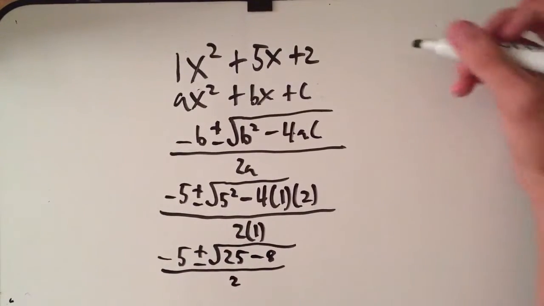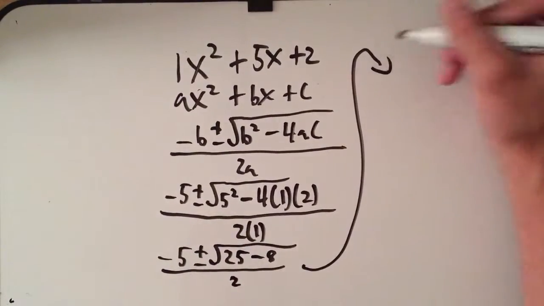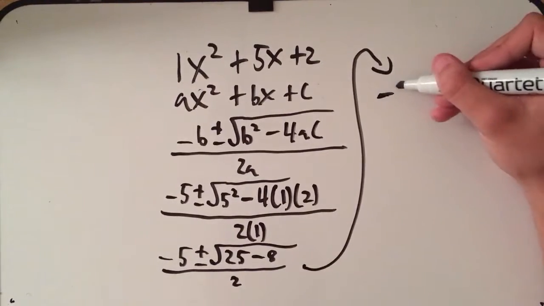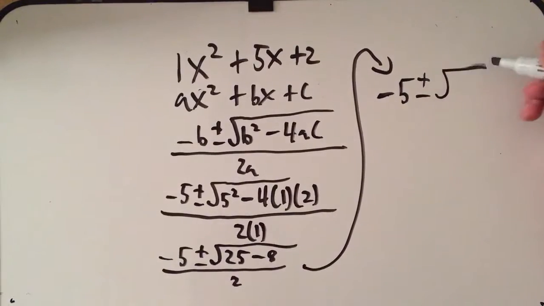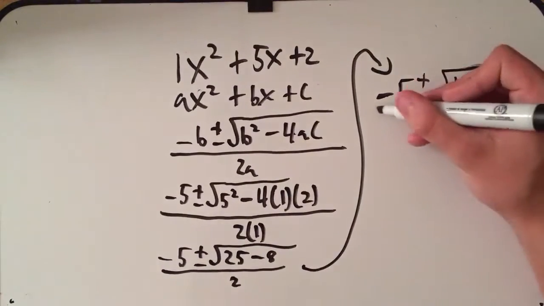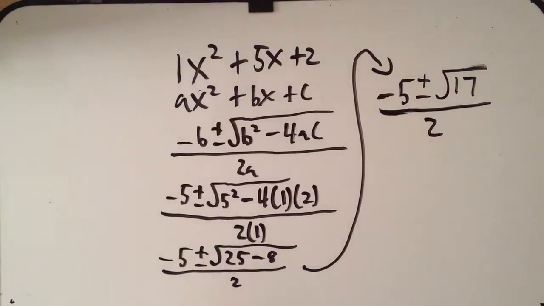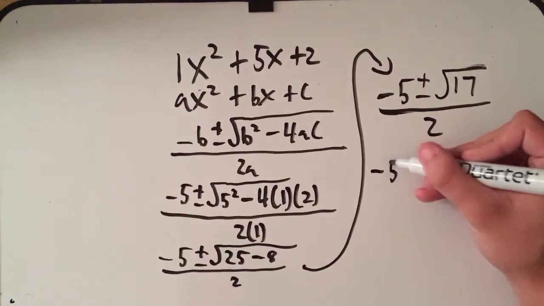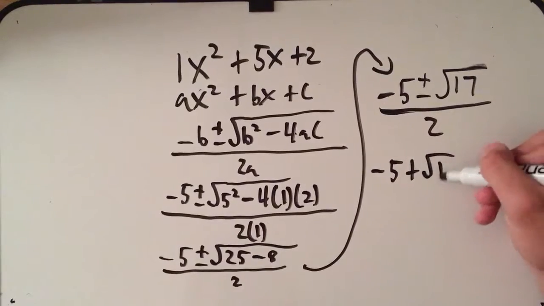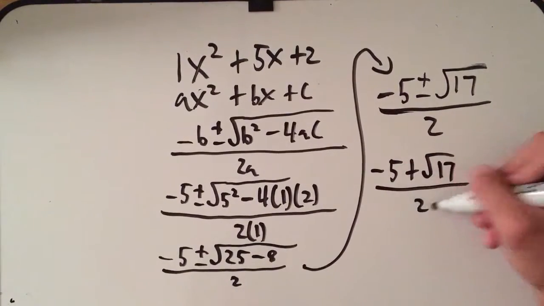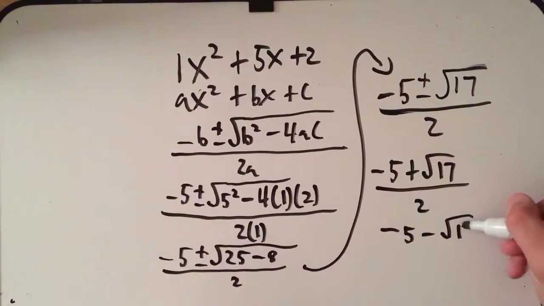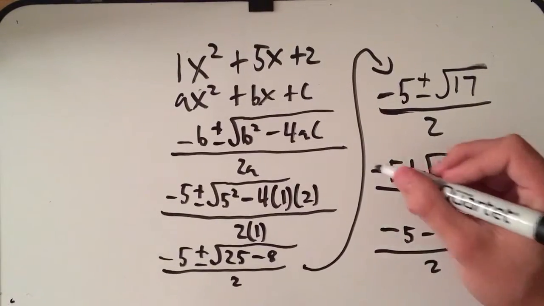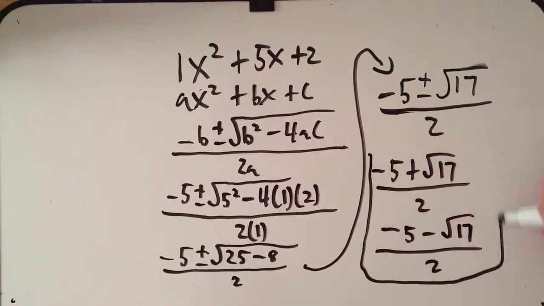And then if you keep solving it, it would be 17 over 2. And in this case, that would be negative 5 plus root 17 over 2, and negative 5 minus root 17 over 2. Those are your two solutions.